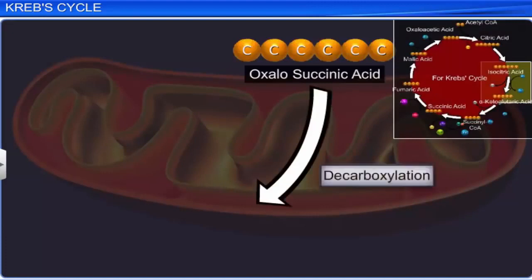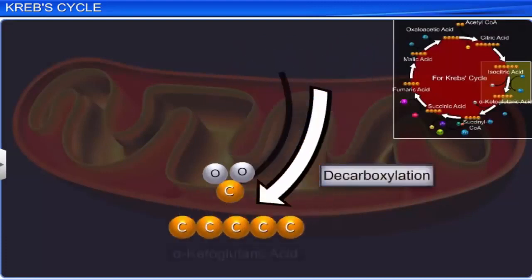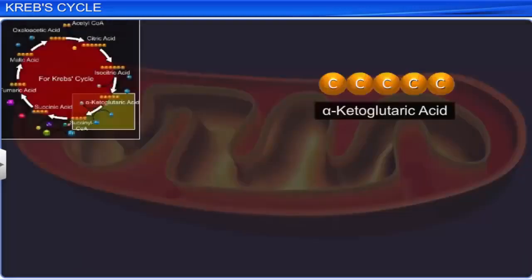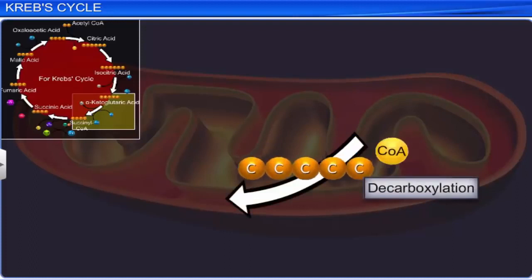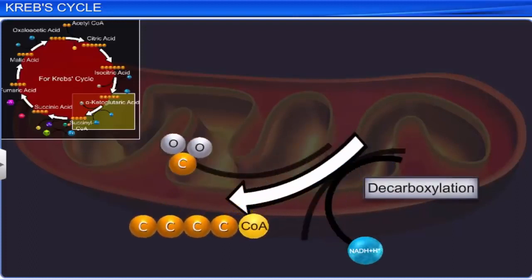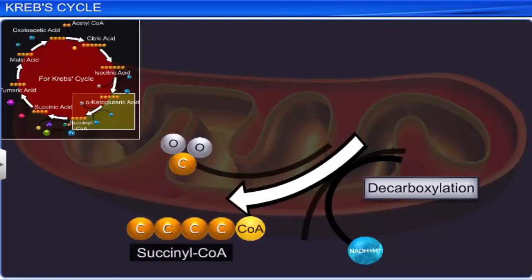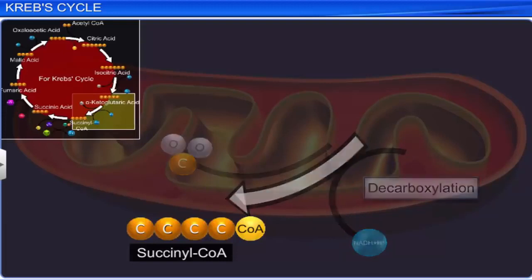which is later decarboxylated to form alpha-ketoglutaric acid. This alpha-ketoglutaric acid undergoes oxidative decarboxylation using coenzyme A to form succinyl coenzyme A, along with the reduction of NAD+ to NADH + H+ ion.